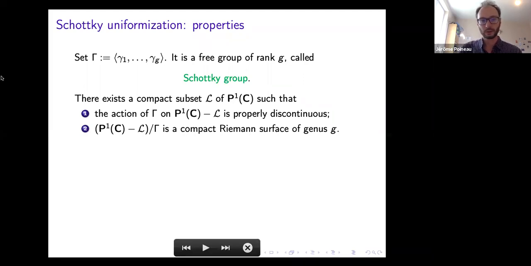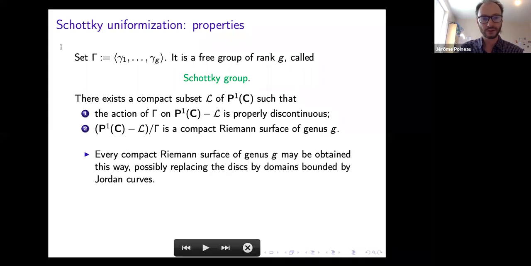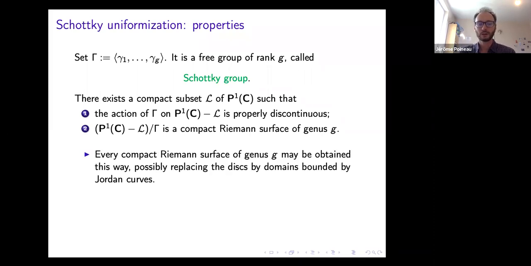Some other important properties. Every compact Riemann surface of genus g arises in this way, up to the fact that you may need to replace the disks by slightly more complicated domains that are bounded by general Jordan curves instead of circles. It's not difficult to prove this.